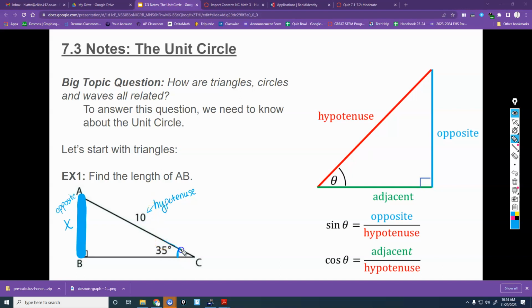We don't need adjacent for this problem because it doesn't ask us about adjacent and doesn't give us adjacent. So I've got opposite and hypotenuse, so I need to use sine. I would say sine of 35 degrees is opposite, which is x, over hypotenuse, which is 10.